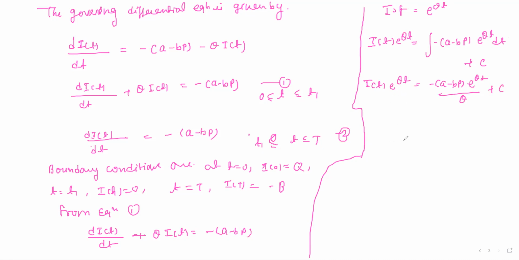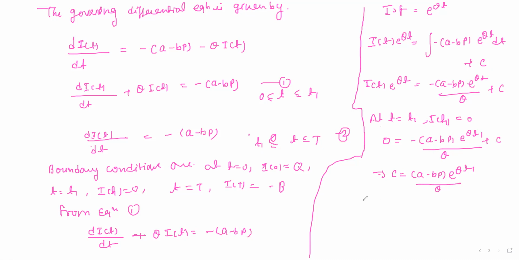Now we use the boundary condition. So at t equals t1, I of t1 equals 0. So this becomes 0 equals (a minus bp) e to the power theta t1 upon theta plus c. So this implies that the value of c is (a minus bp) e to the power theta t1 upon theta.